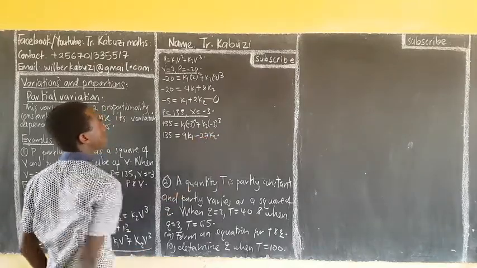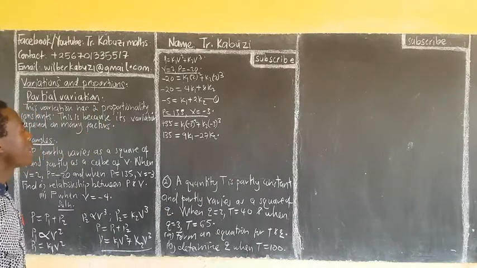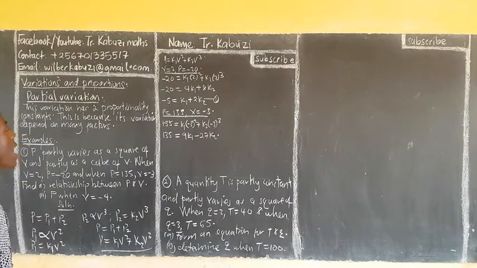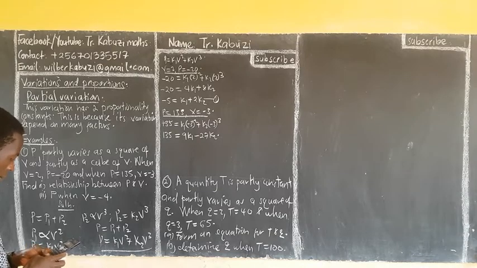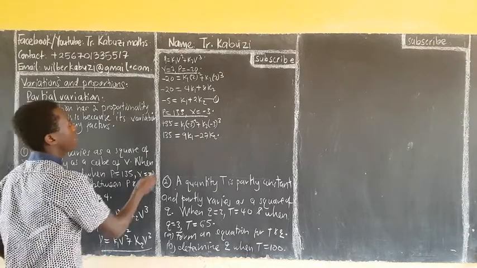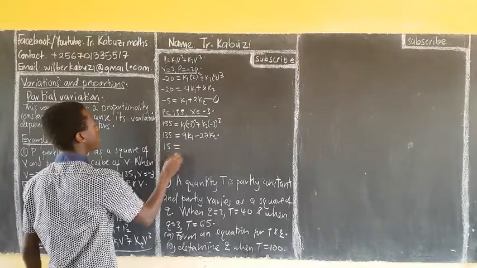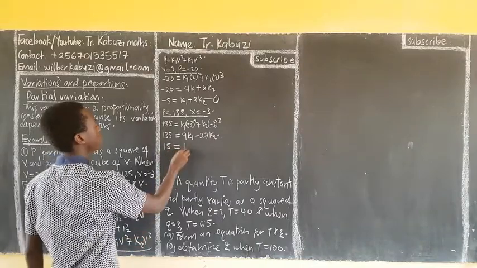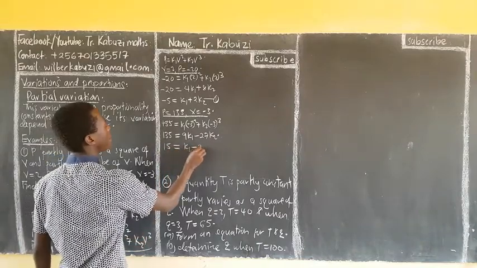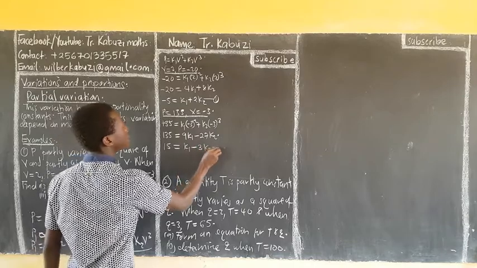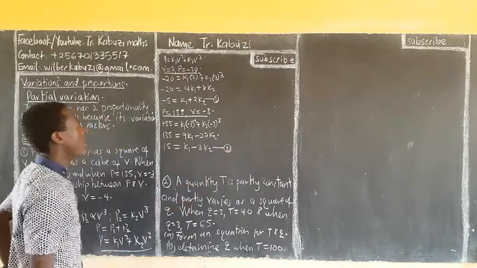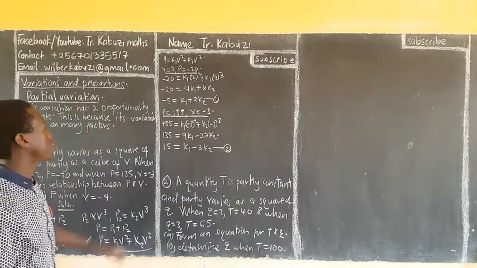So you see that here I can reduce through by 9. Dividing by 9, we have 15 equaling K1 minus 3 K2. This is equation 2. Now our task here is to solve these two equations.